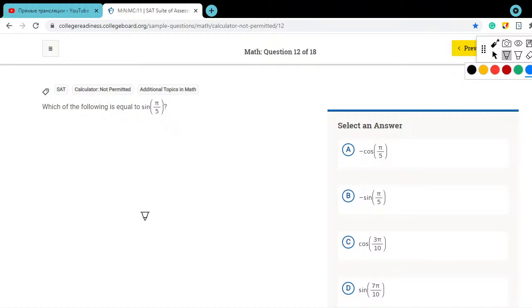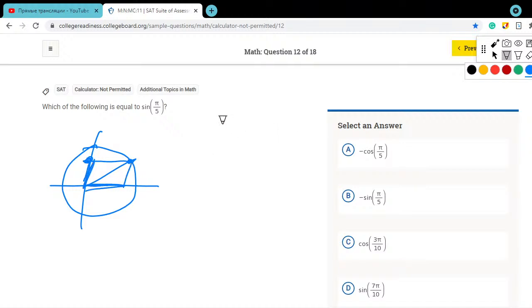So what is pi over 5? Here we draw this out, this trigonometric circle. Pi over 5 should be somewhere here, and it has both positive sine and positive cosine. So this is positive and this is positive too, so they cannot be equal.